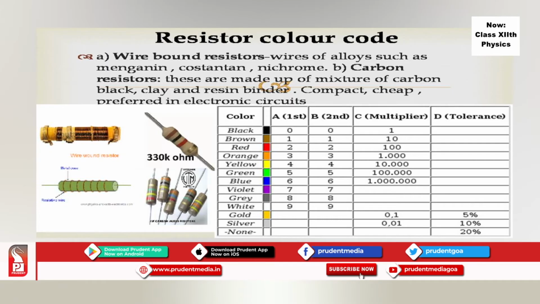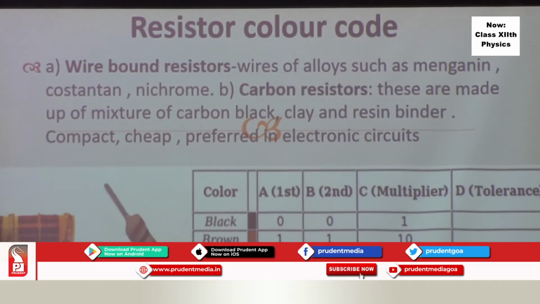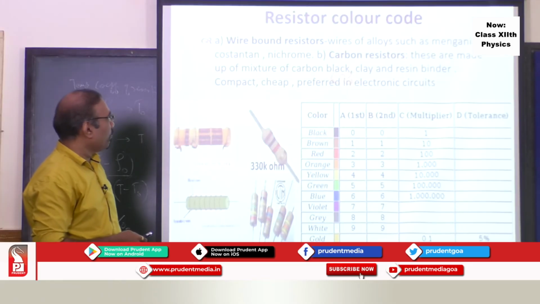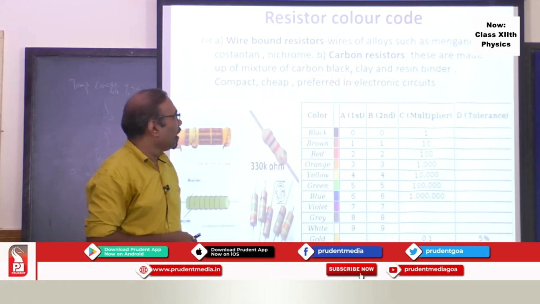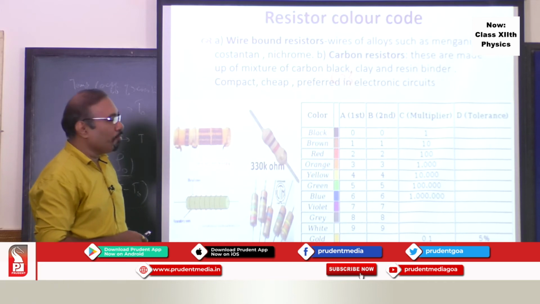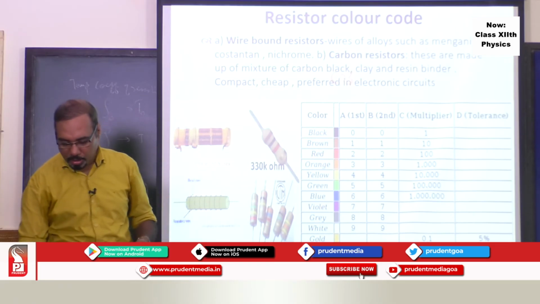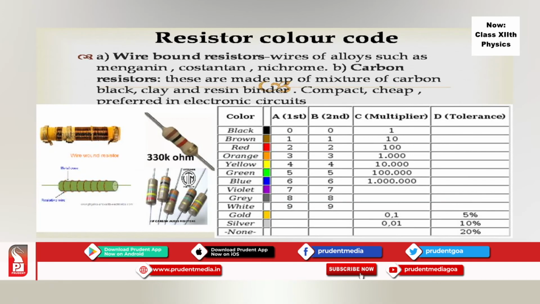I have told you their temperature coefficient of resistivity is very low. Carbon resistors are made of a mixture of carbon black, clay and resin binder. They are very compact, cheap, and widely used in electronic circuits. So these are the resistors available if you want to construct an electronic circuit.